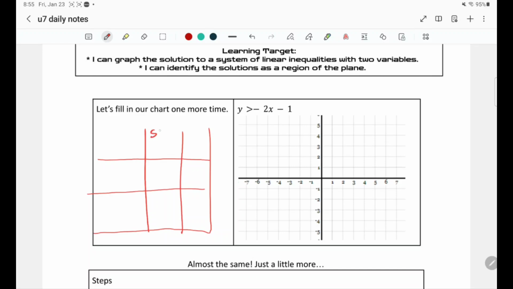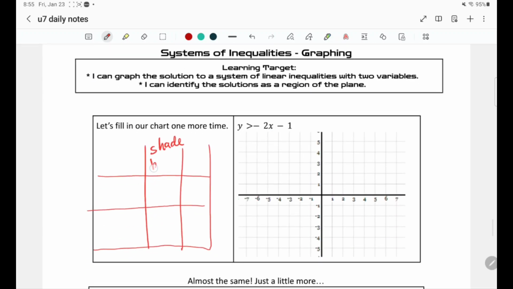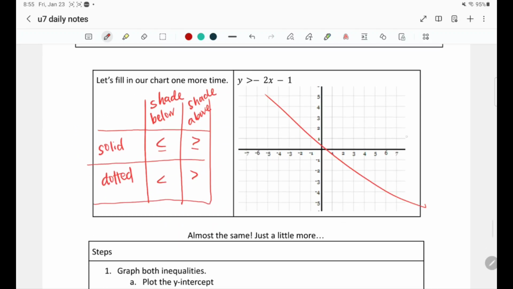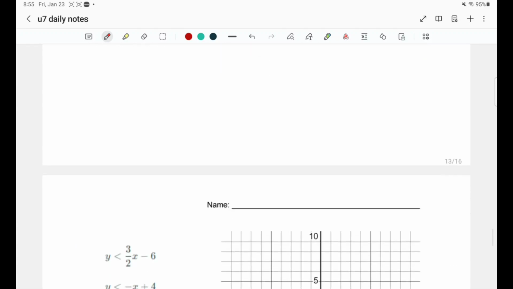So it's shade below, shade above, solid, dotted. And we just did it, so we're not going to worry about that. Okay, almost the same. There's just more: you have 2 inequalities now instead of 1. So let's do it.